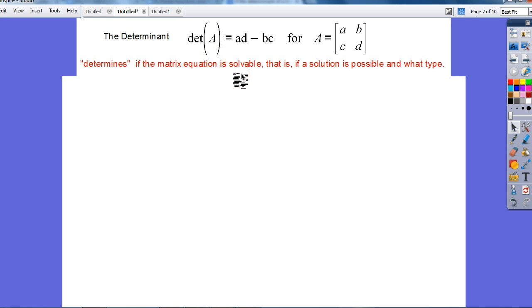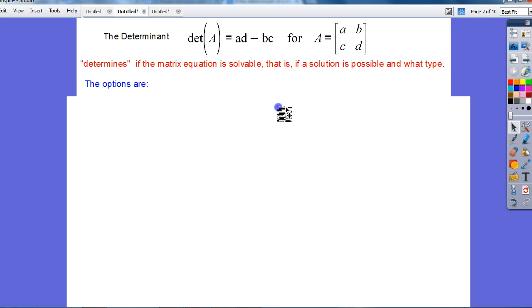Are we going to end up with a solution if we try to work out the inverse matrix and then multiply the inverse matrix by the unit matrix and try to solve for the unknown matrix? If it is solvable, then a solution is possible, and what type of solutions do we get?